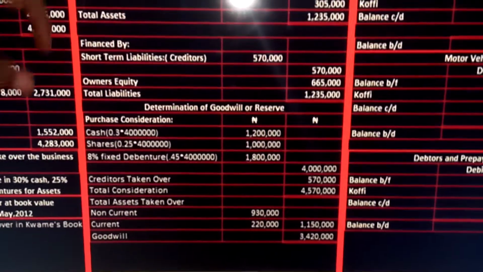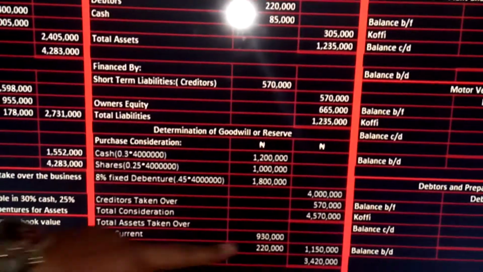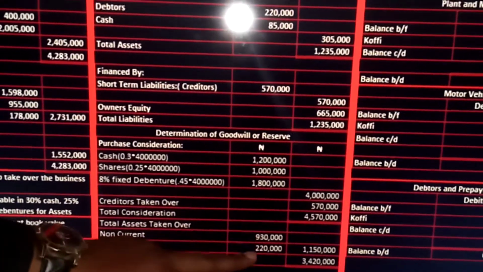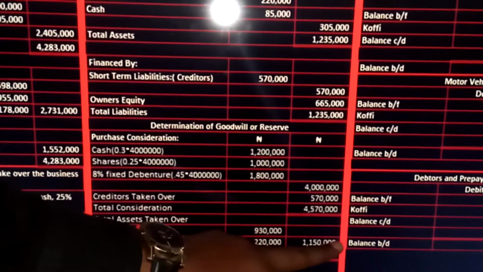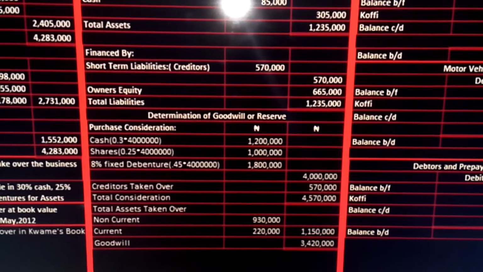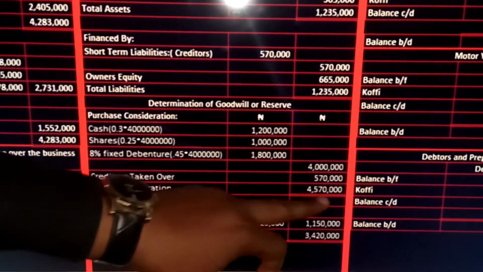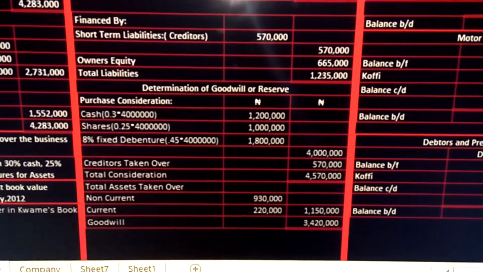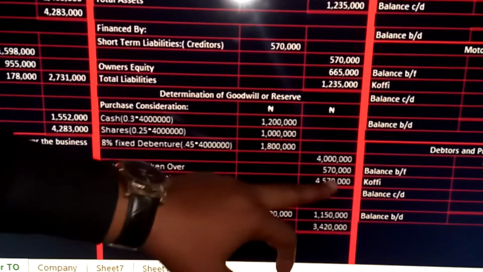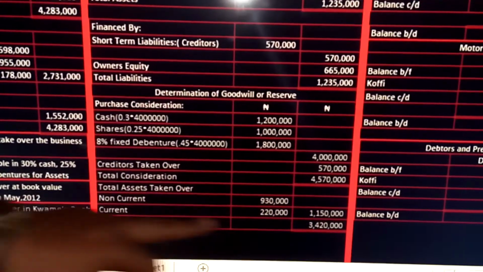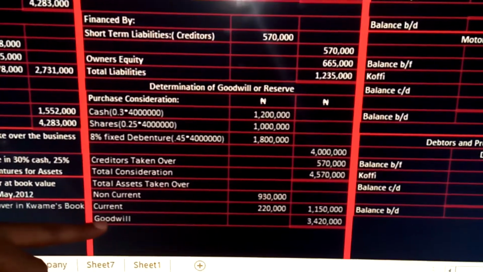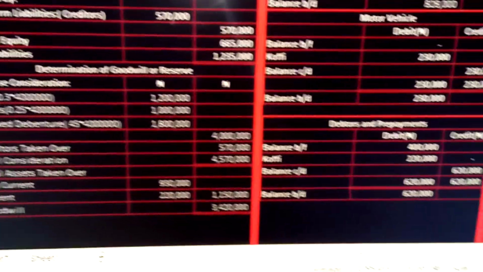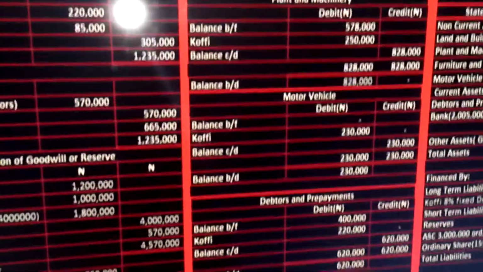Current asset, only debtors was taken over, that's 220,000. So 930 plus 220 will give you 1,150,000. That's the asset taken over. So 4,570,000 minus 1,150,000 gives you 3,420,000. Because your purchase consideration is higher than your asset taken over, you have a goodwill.